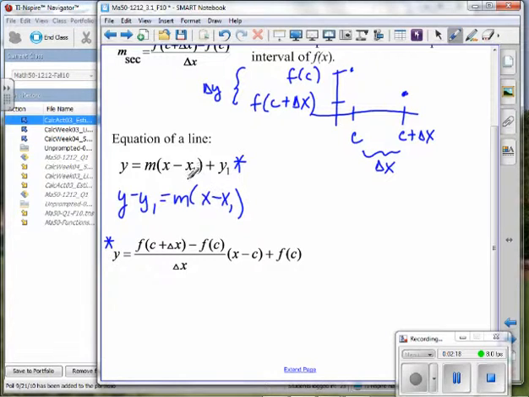Instead of x minus x1, we say x minus c, because we're using c's here. And instead of slope being a simplified one, we'd have to determine the slope. So this is no different than what you've done before. It's just repackaged. And if you think this looks confusing, then write it down, make sure you understand it.